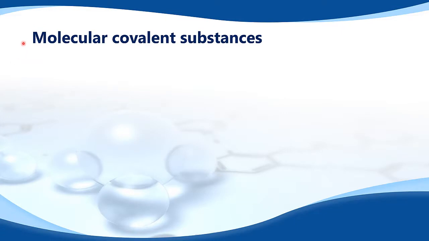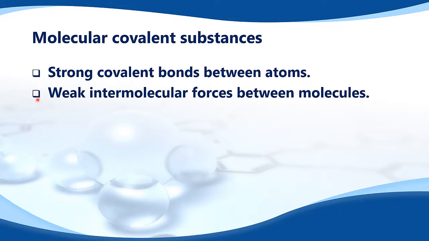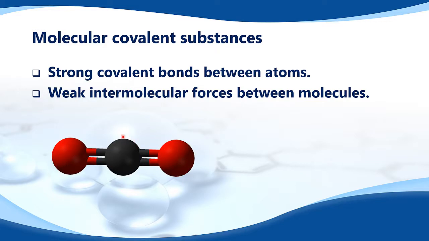Let's take a closer look at molecular covalent substances. They have strong covalent bonds between atoms, but they have weak intermolecular forces between the molecules. So here's an example. This is carbon dioxide. These two lines here represent a double covalent bond.